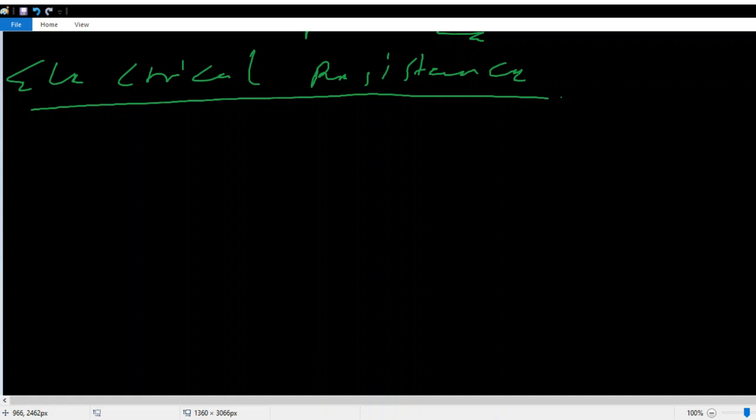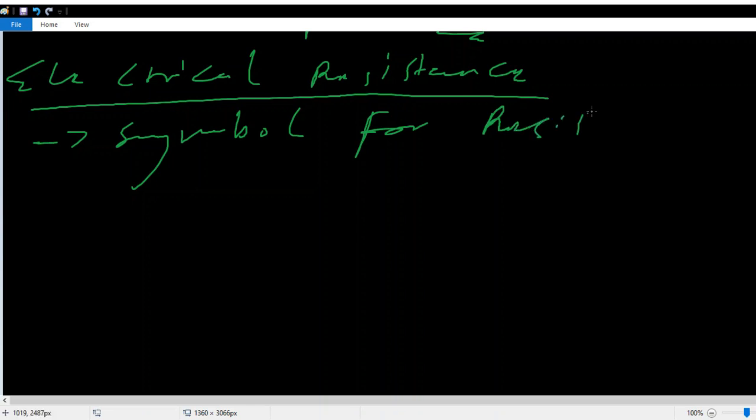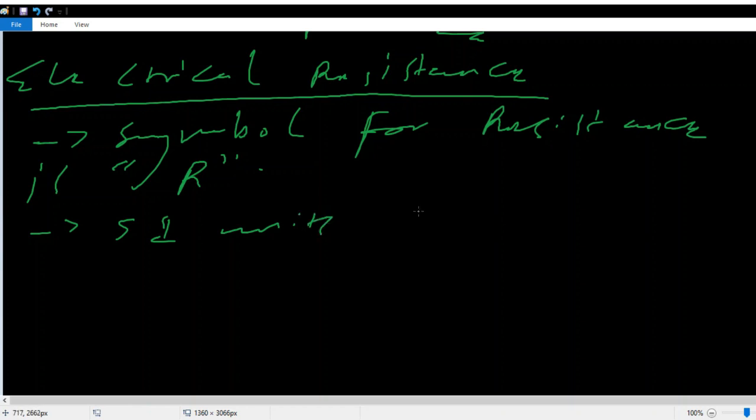The symbol of resistance is R. And from this we know that the SI unit for resistance is ohms, which is given by this symbol.